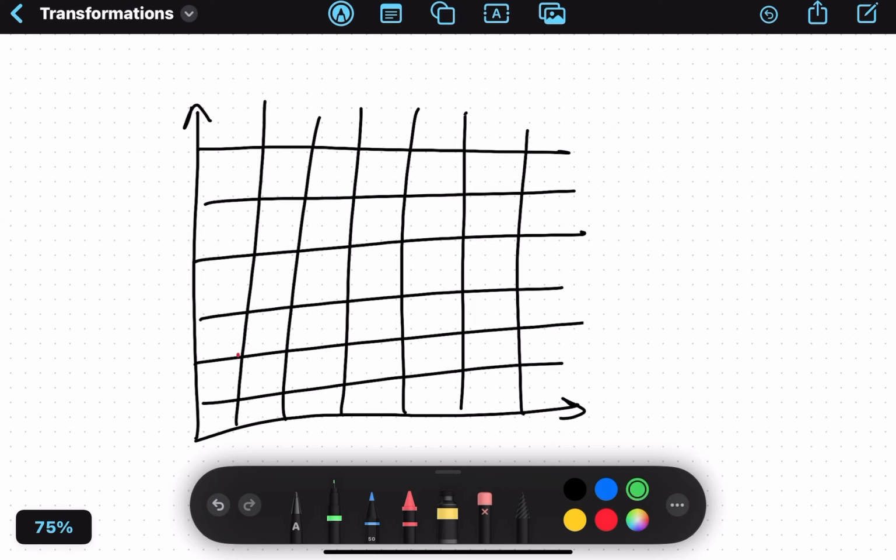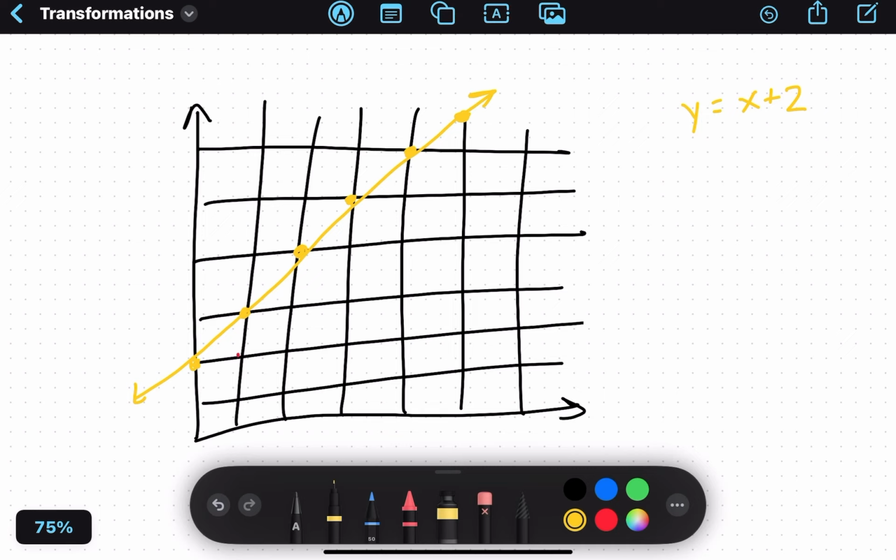So let's say we have a line that goes through these points. It has a slope of 1, meaning it goes up 1 and right 1. And it has a y-intercept of 2. So basically y equals x plus 2. This is our graph right now.